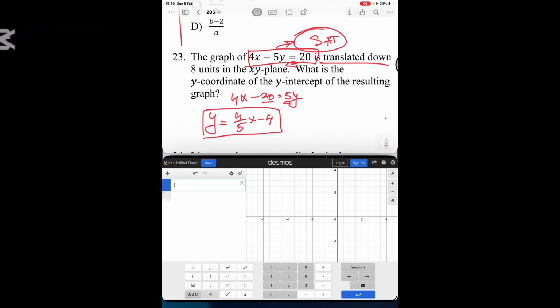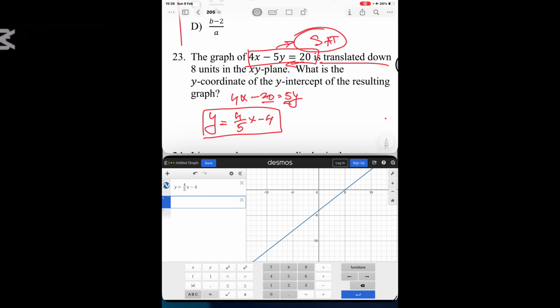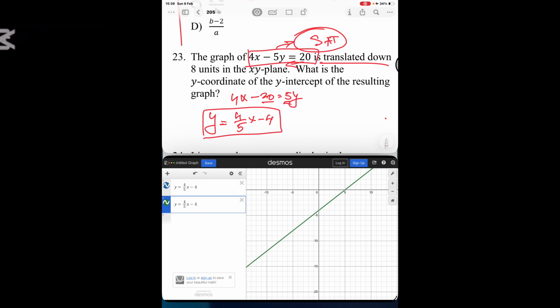You may simply write it down in Desmos: 4 divided by 5, x, minus 4, right? So we're given our graph, and then what do we have to do? Write this expression in Desmos again. It is the same point, right? As you can see. But now you have to translate down 8.